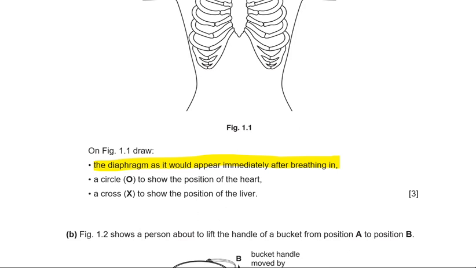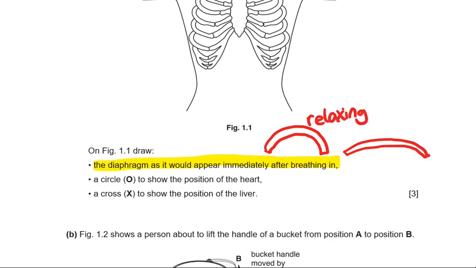Okay, so the diaphragm, we usually draw it like this, either like this or with a more domed shape. This is when the diaphragm is relaxing, and over here it is when it's contracting.